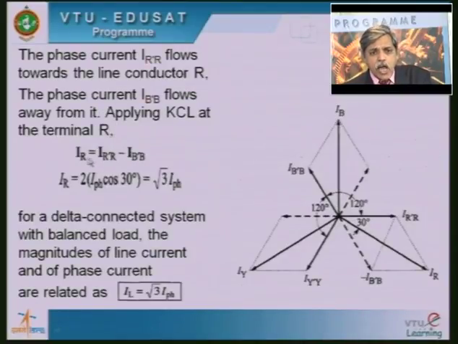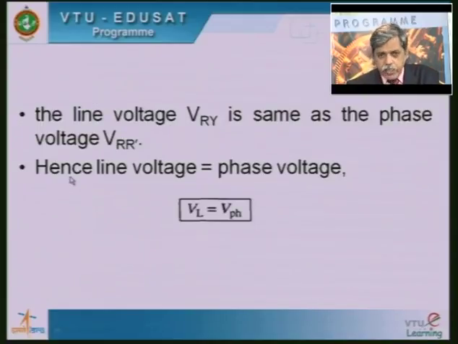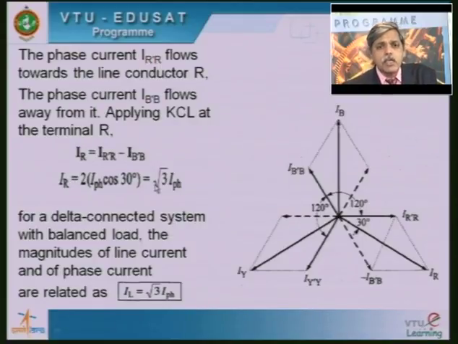The two outgoing currents added together give us the incoming current. So IR, the line current, is expressed as the difference of two phase currents. The relationship between IR and the phase current is that the line current is equal to root 3 times the phase current.